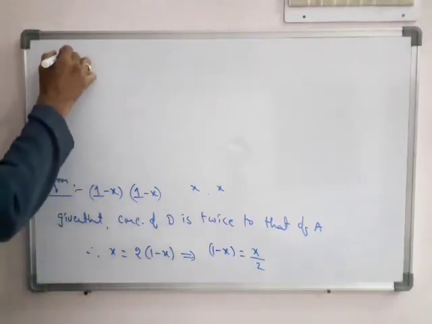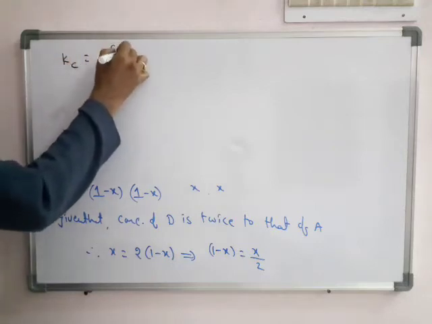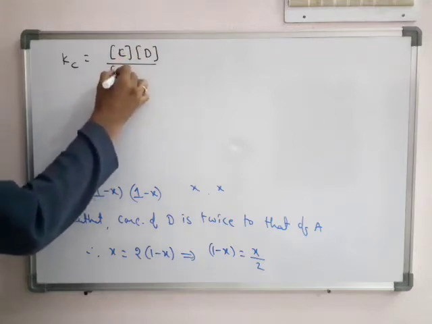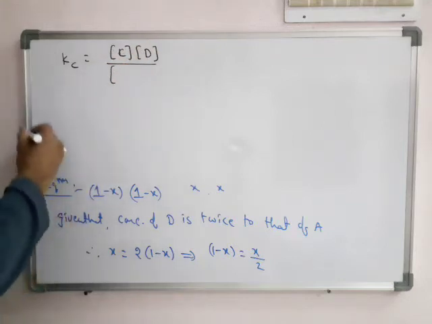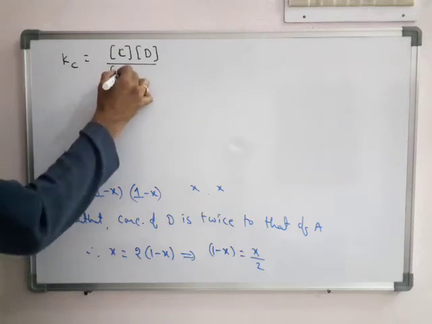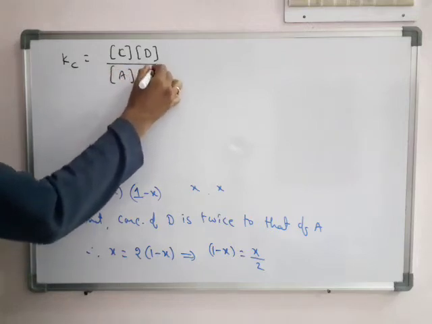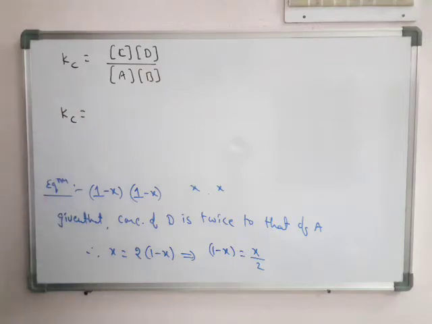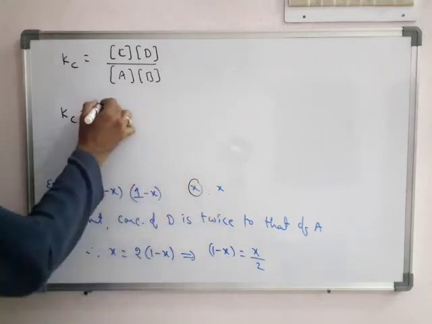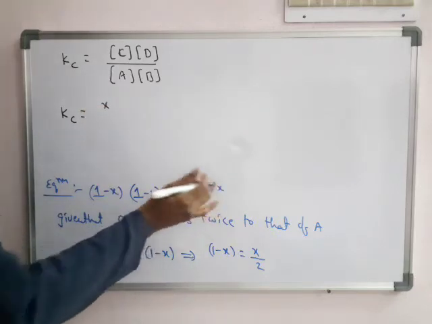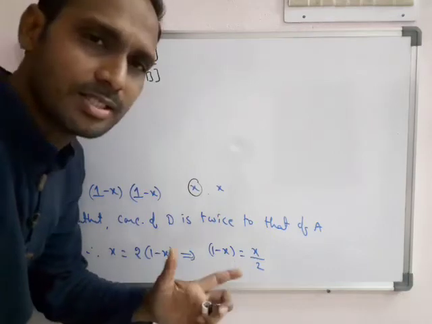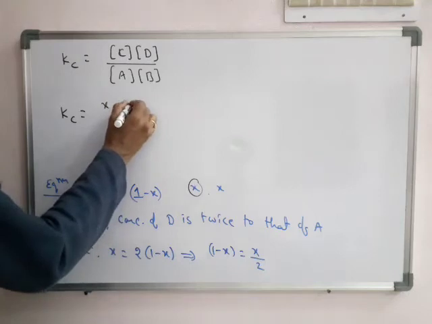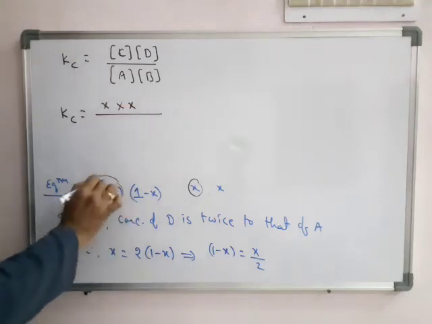Now what is the Kc? Concentration of C times concentration of D by concentration of A times concentration of B. So Kc equals, concentration of D is x. The twice clue is given just to get a relation. So x times x by 1 minus x times 1 minus x.